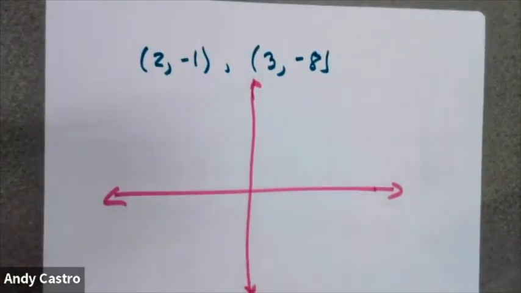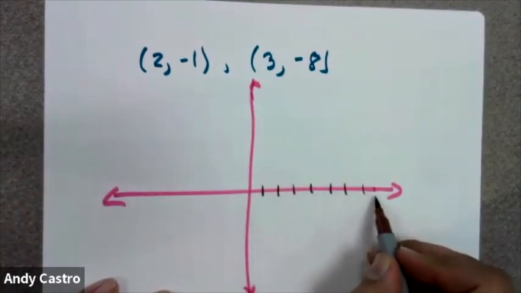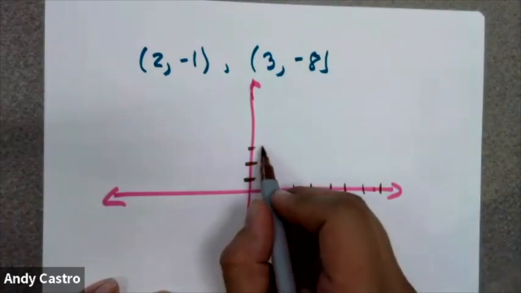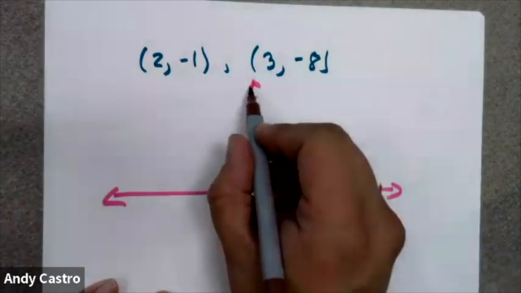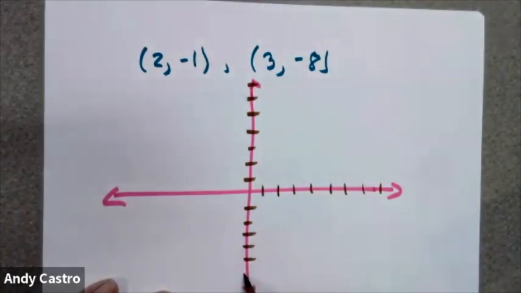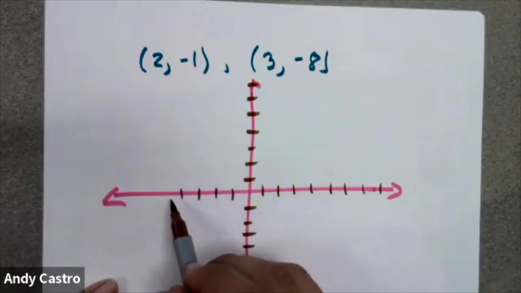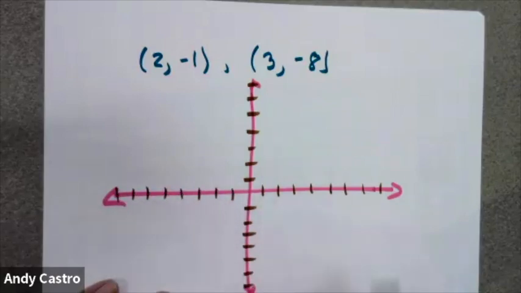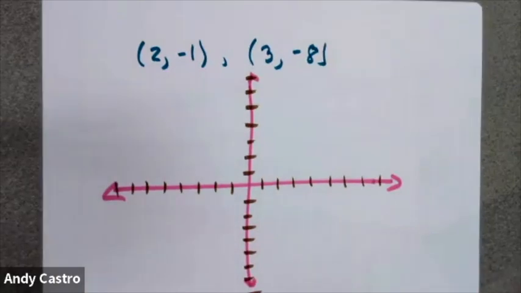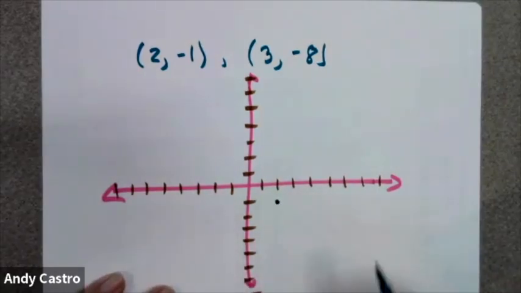My first point is 2, -1. 1, 2, -1. You are right there.